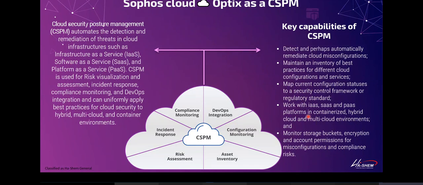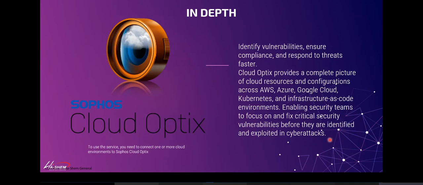Like I've always said, you can work with your IaaS, your SaaS, your PaaS platform, even your containers, your infrastructure as code, your Docker, all of that, you have them covered using Sophos Cloud Optix. Then you'll also be able to monitor your storage buckets from AWS and storage accounts and so on. And also you'd be able to see your compliance posture and your environment.